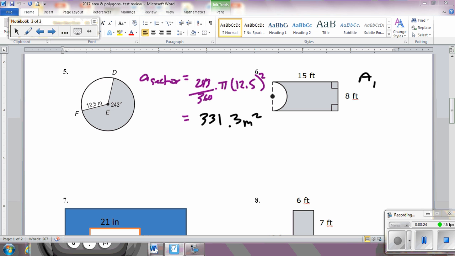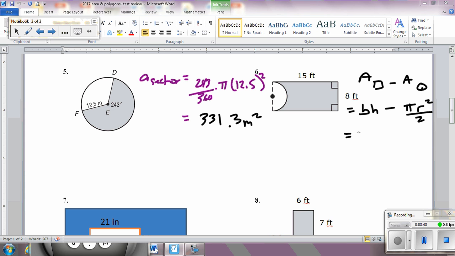So area of a rectangle minus area of a circle. The formula for area of a rectangle is base times height, or length times width. For the circle, it's pi radius squared, but since it's half of a circle, I'm going to take that area and divide it by 2.